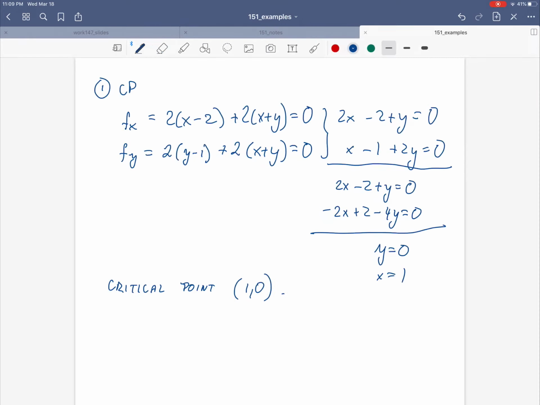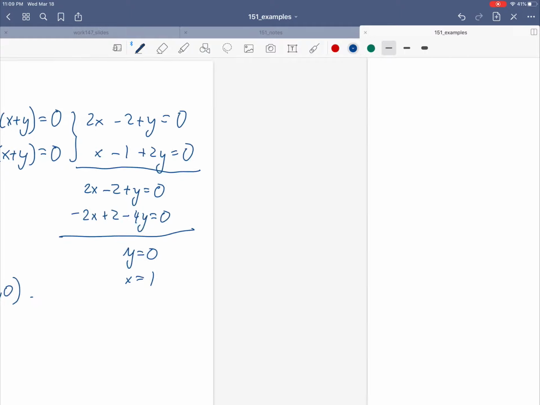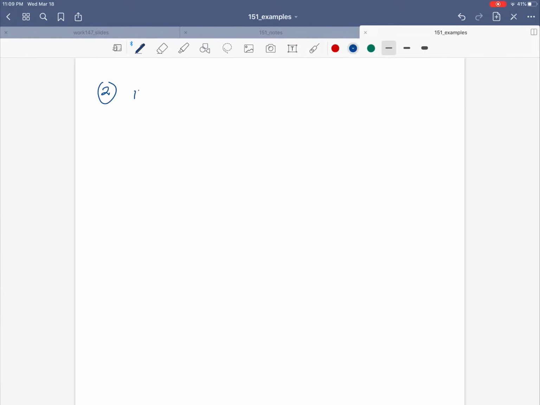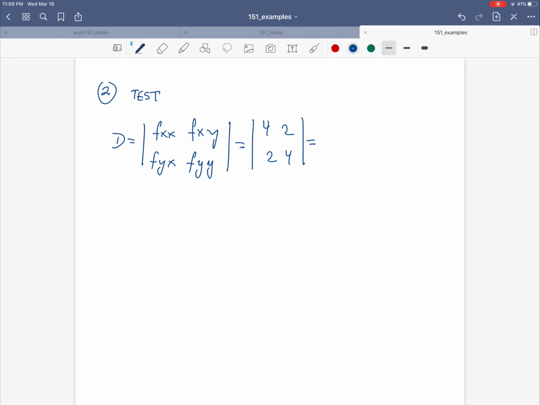By the geometry of the problem, this has to be a local minimum, but we should check. So we will work through our test. We need our discriminant, f_xx, f_xy, f_yx, f_yy, which when we compute the derivatives are 4, 2, 2, 4. The discriminant is 16 minus 4, that's 12, and that's positive.